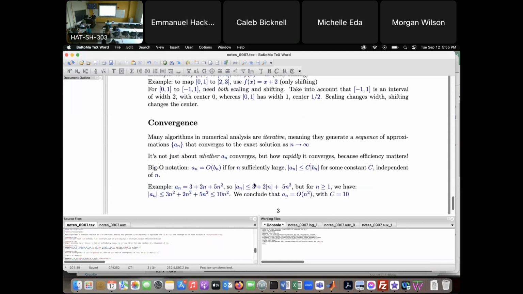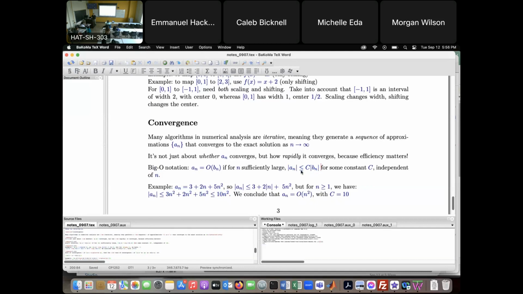So now I can simplify this because I have all like terms. I can say that if n is greater or equal to 1, then an is less than or equal to 10n squared. So now what that means is I can say that an is big O of n squared, because I have this kind of relationship.